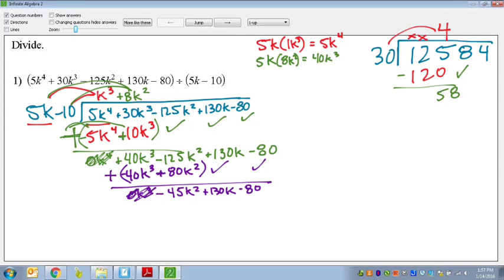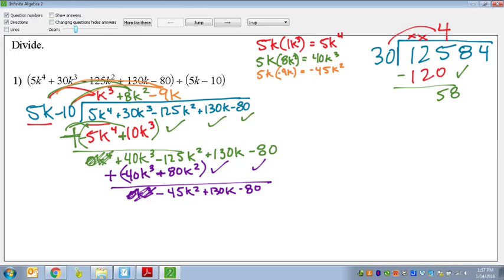The 0k cubed is gone. And now we have to figure out 5k times something gets us to negative 45k squared. So that's going to be negative 9k. So negative 9k. We distribute that.